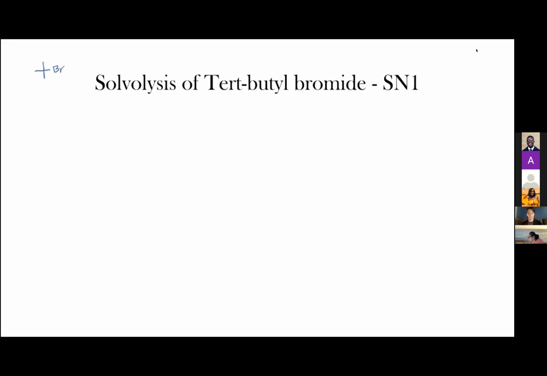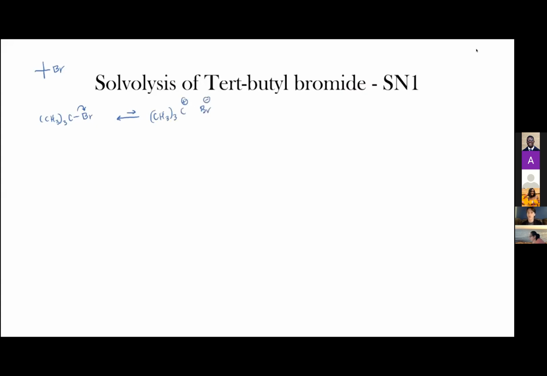Okay, and so this is tert-butyl bromide, and we get the carbocation formation in the SN1 mechanism, right? So we have that in equilibrium with the carbocation, like this.